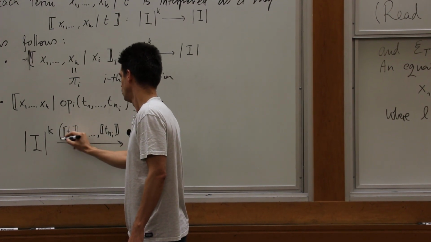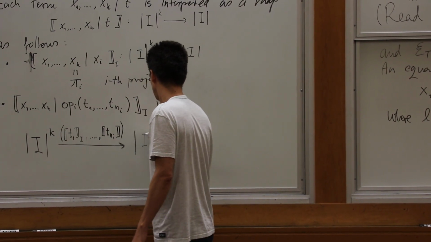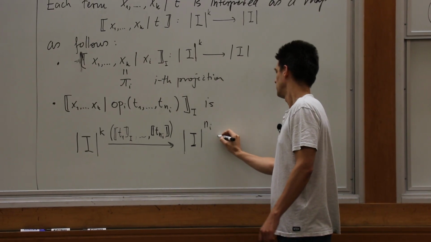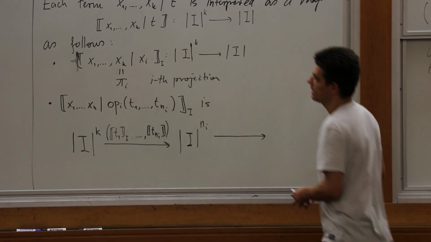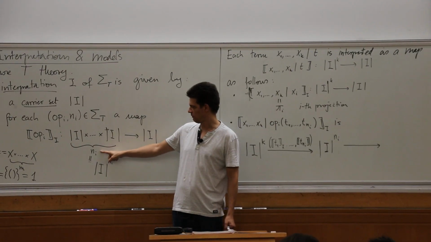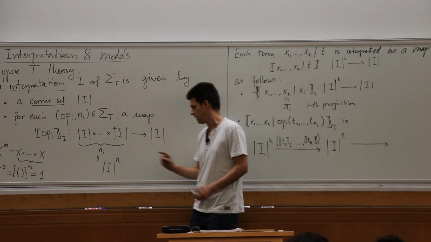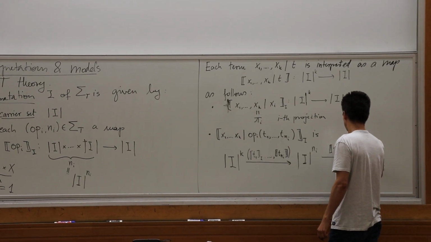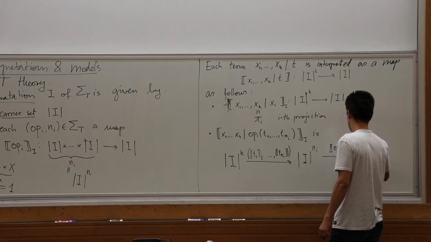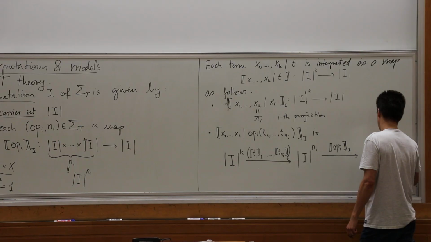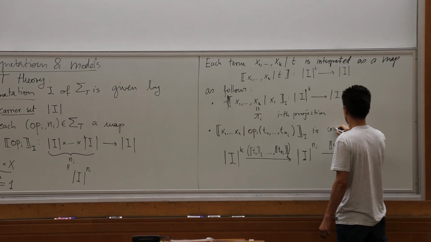I can tuple those together, and then I get ni of them. Then I can take my op I, which wants ni of them, and it gives me an element of I. So here I put op I, and it's this composition.